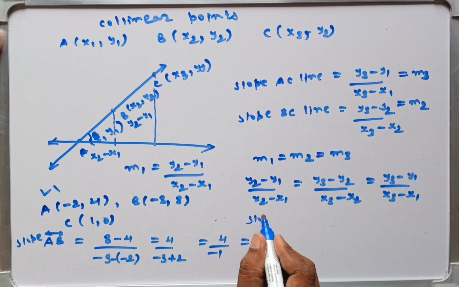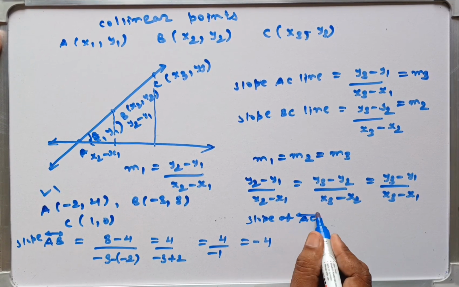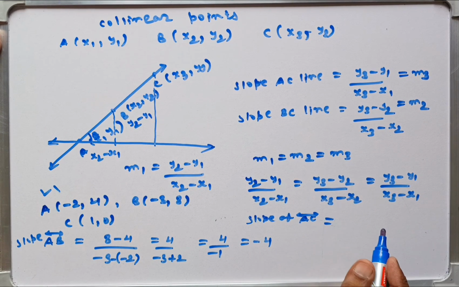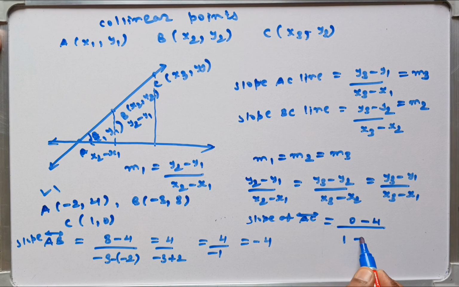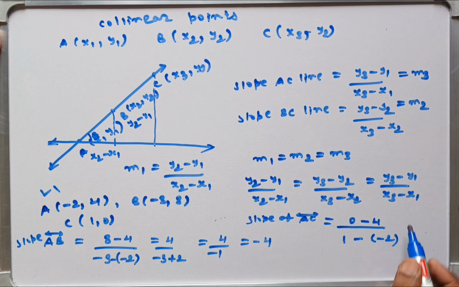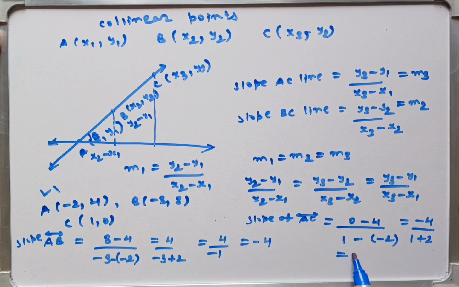Slope of line AC: we can write it as 0 minus 4 over 1 minus of minus 2. So this is minus 4 and this is 1 plus 2, which is minus 4 by 3.